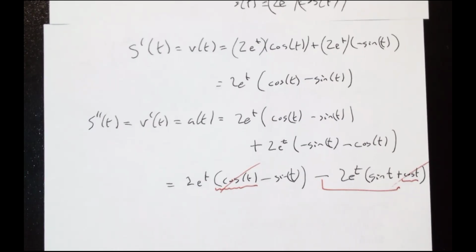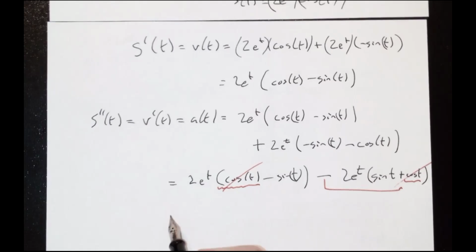They cancel each other out. But what am I left with? I'm left with a negative sine t times 2e to the t and another negative sine t. So I get two of them. That means instead of having 2e to the t, I have 4e to the t, minus 4e to the t sine t. My acceleration got bigger, right? It's still pointed in the other direction, but it's bigger.